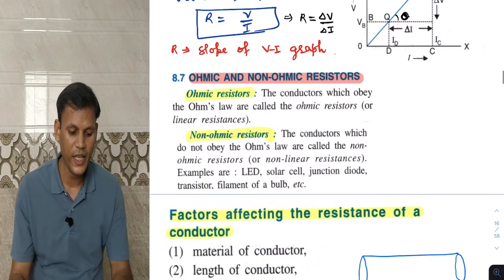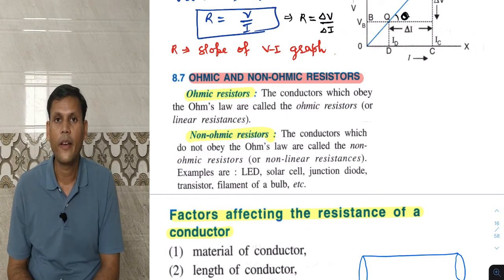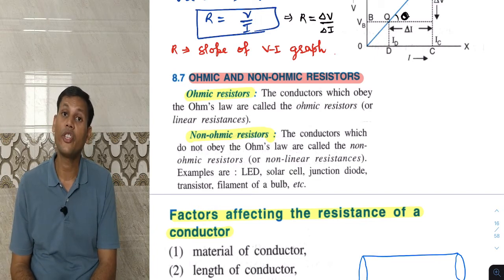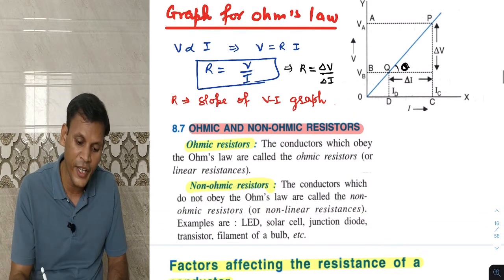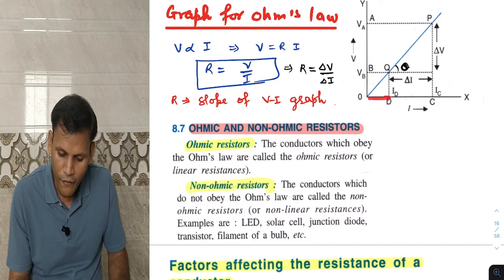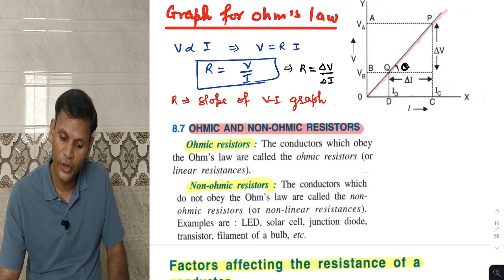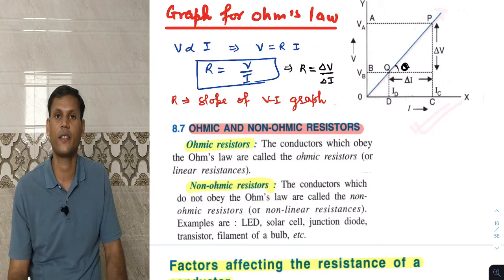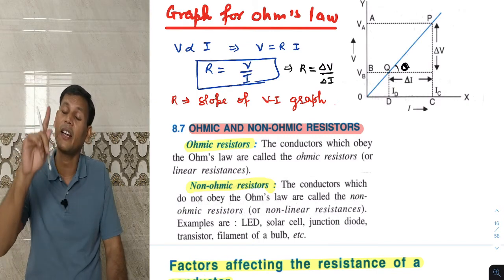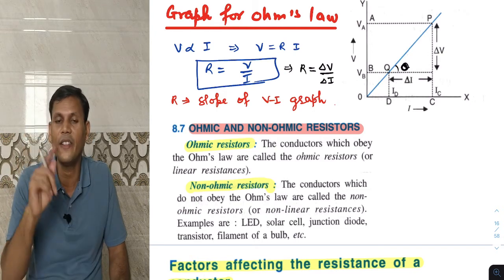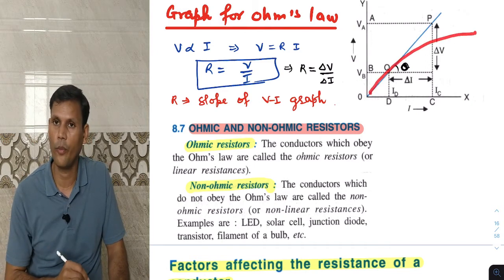Now the next term is ohmic and non-ohmic resistances. Ohmic means it obeys Ohm's law. What is Ohm's law? V is directly proportional to I. If we are getting a straight line graph of current versus potential difference, then that will be ohmic, and if it is like this, then this is non-ohmic.